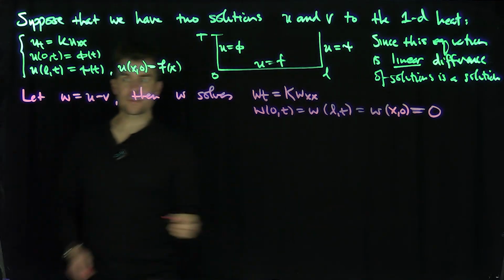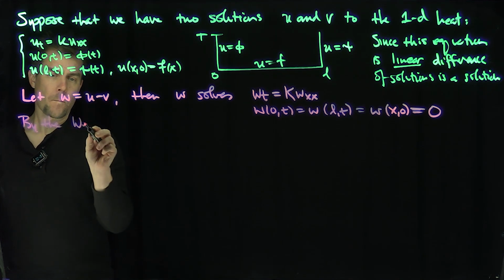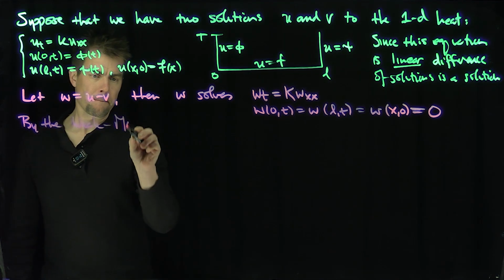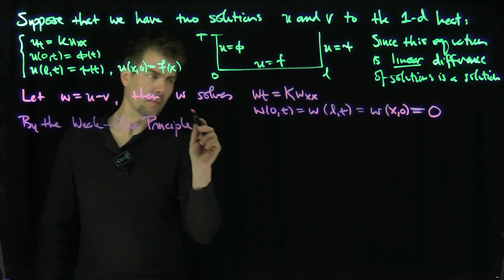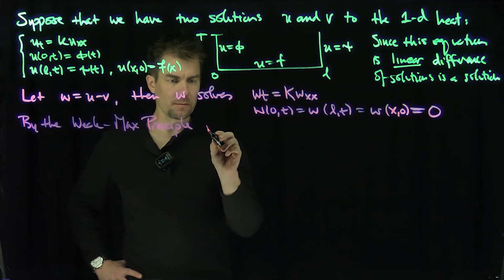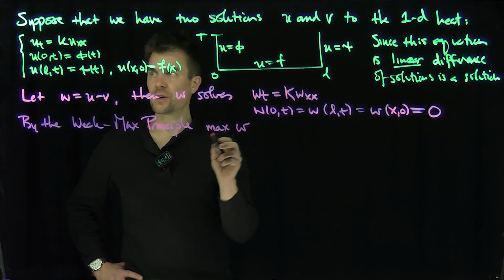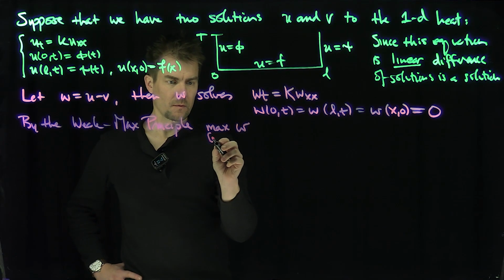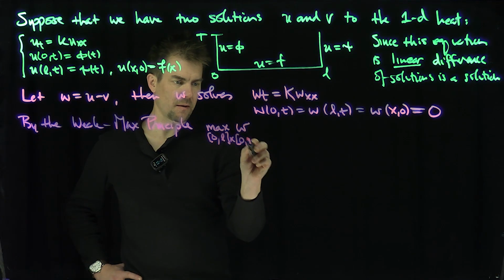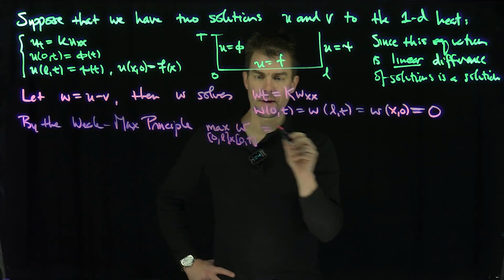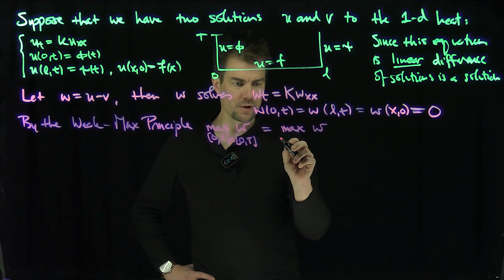And so now by the weak maximum principle, what can we say? We can say the maximum of w over the region 0 to L cross 0 to T is the same as the max of w on the boundary of that region.